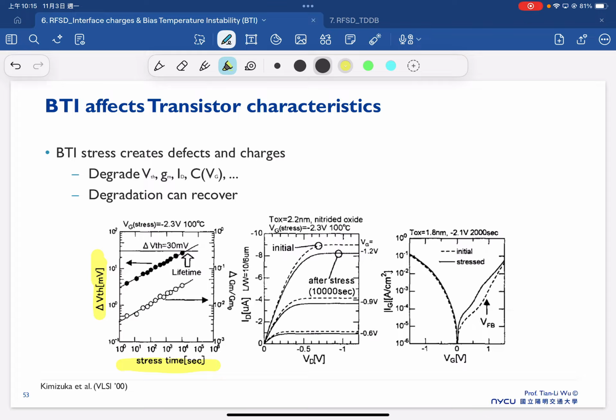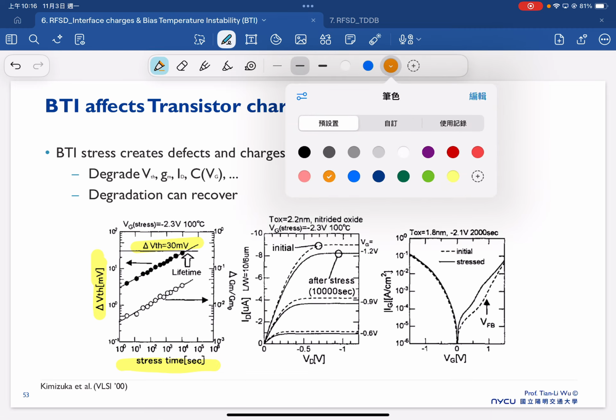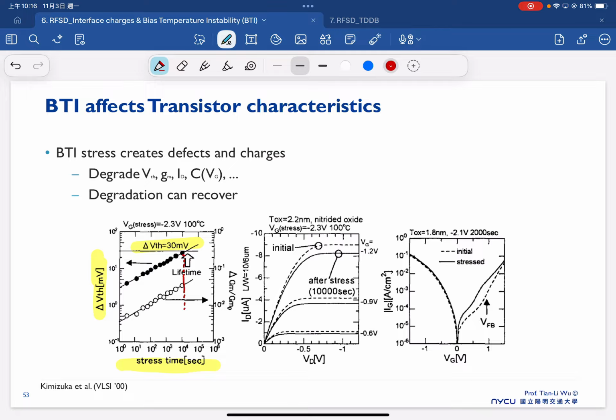If you plot the threshold voltage versus time, and then set the criterion that you can allow, a maximum of 30 millivolt, then you will see that the overall lifetime for this device is only 10 to the 4 seconds.